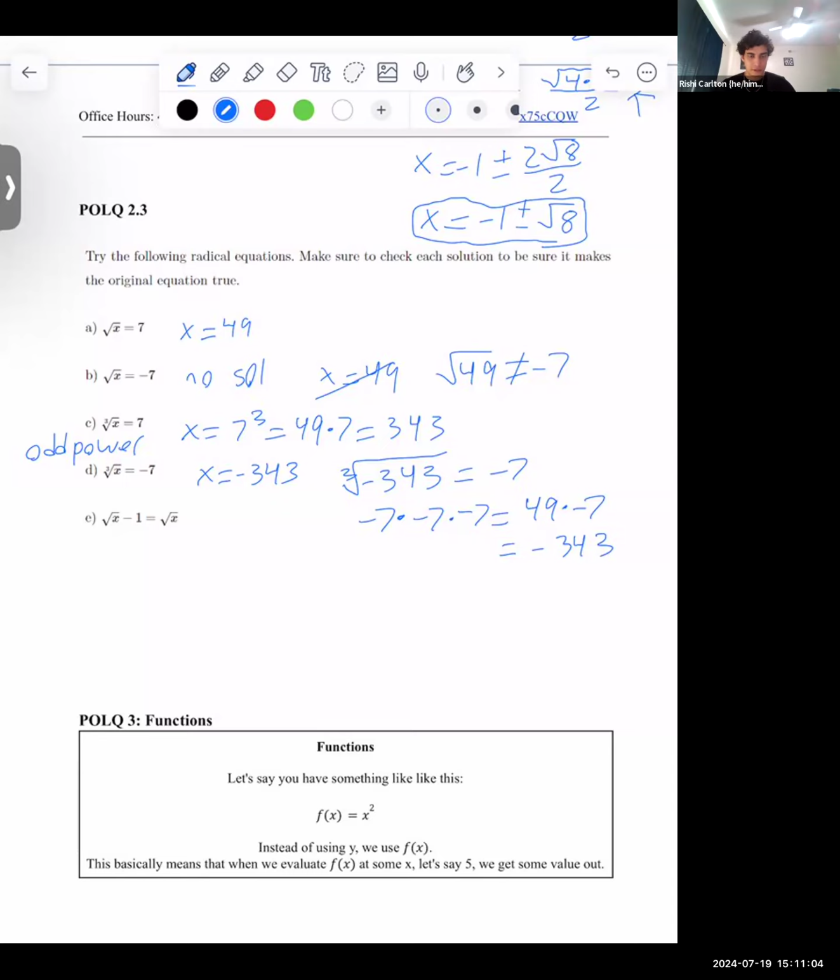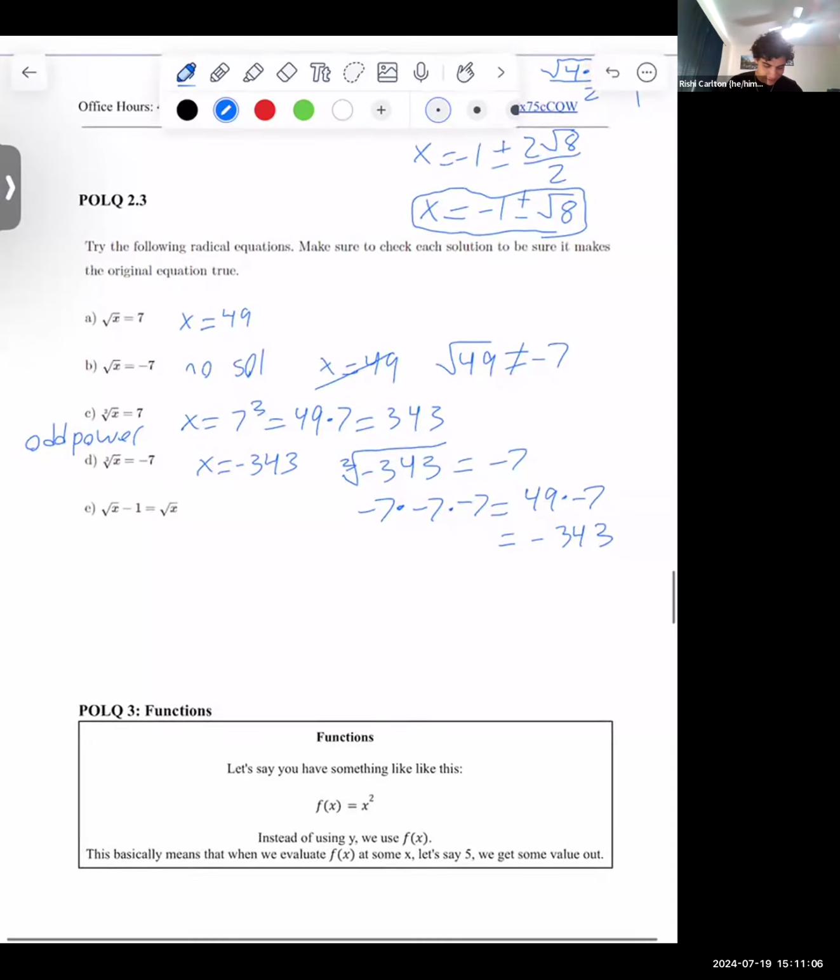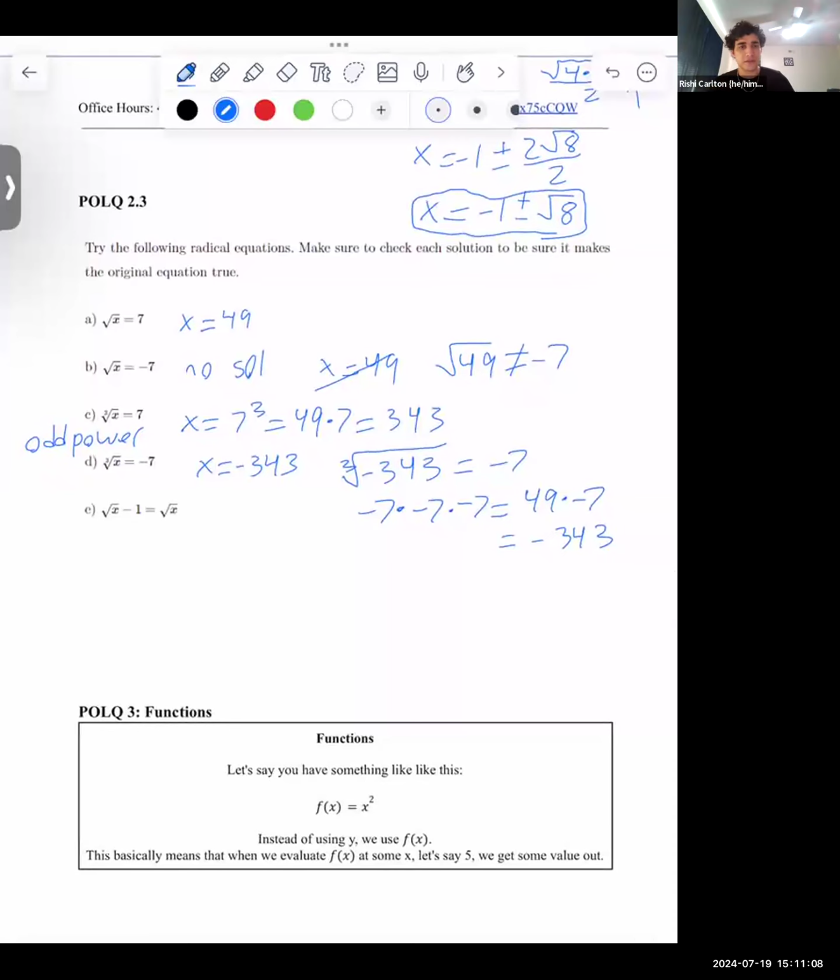Okay, last but not least, part E. I'm going to ask you guys again, what do you think? What is the answer? There we go. I'm seeing no solution. And that's right.